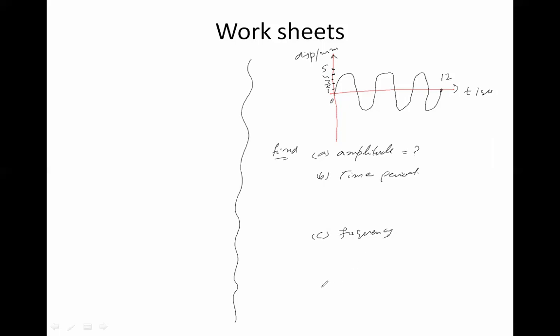And D part is find the wavelength, if the speed of the wave is 20 millimeter per second. Now look, please.